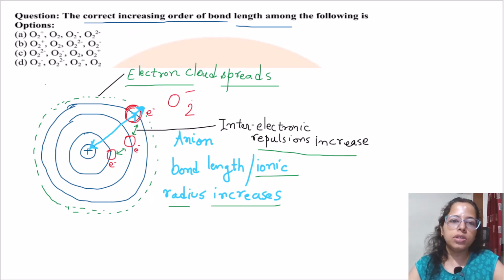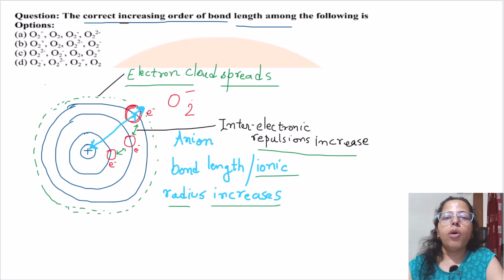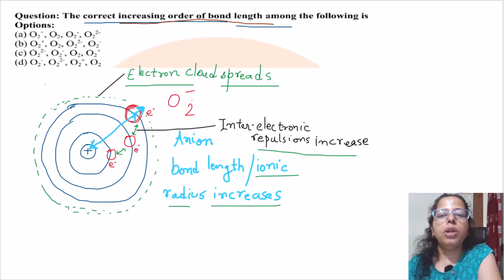So option A says cation, then neutral, then anion with one negative charge, and anion with two negative charge. B says cation, neutral, anion with two negative charge is smaller than one negative charge. No. Option A should be the correct increasing order of bond length for these oxygen ions and the neutral oxygen molecule.